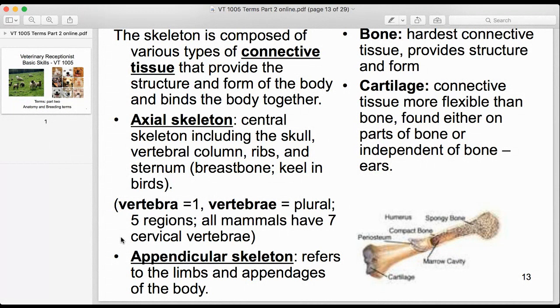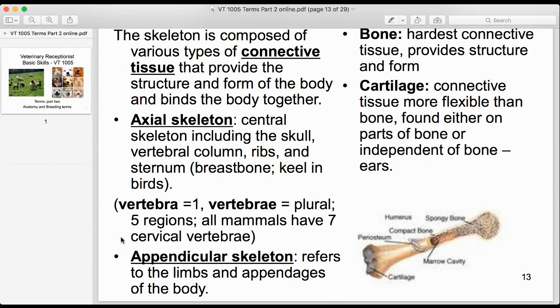Now there are 5 regions, and for this course I'm not having you know those, but just also understand that all mammals, you're introduced to the term mammal, of course, in the first PowerPoint, but all warm-blooded mammals have 7 cervical or neck area vertebrae. So again, spelling is important if you're doing a singular word or a plural word.